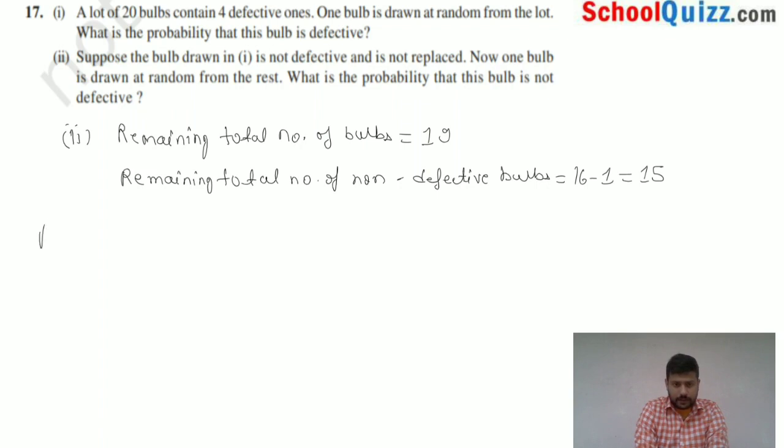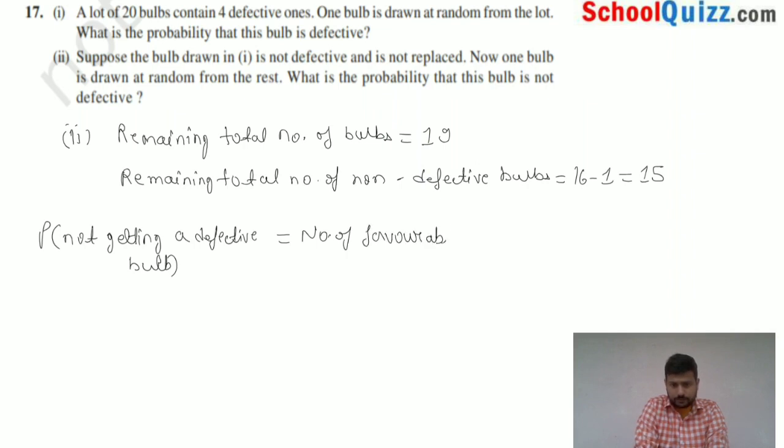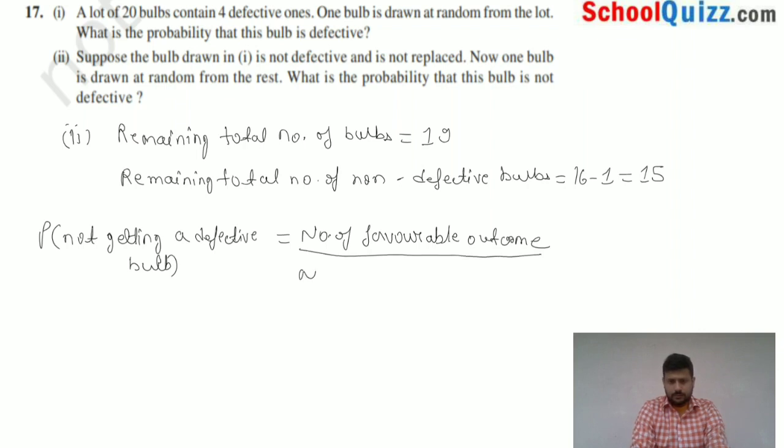Now the probability of not getting a defective bulb is equal to number of favorable outcomes upon number of total possible outcomes, which is equal to 15 by 19.